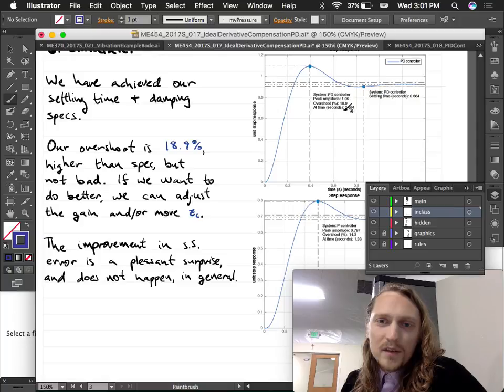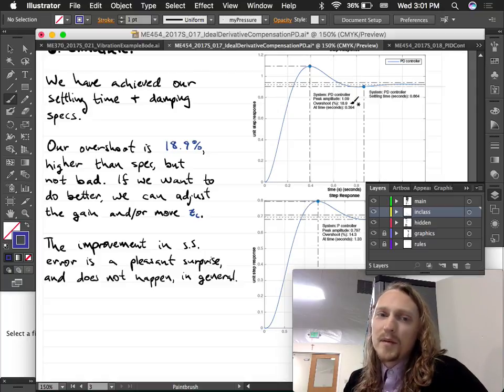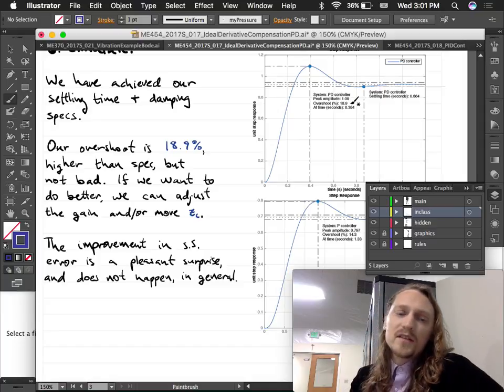Our percent overshoot is 18.9%, which is higher than the spec though, right? Our spec was 15%. So we want to do better. We can adjust, and we'll do that in MATLAB. I'm not going to do that in the notes.